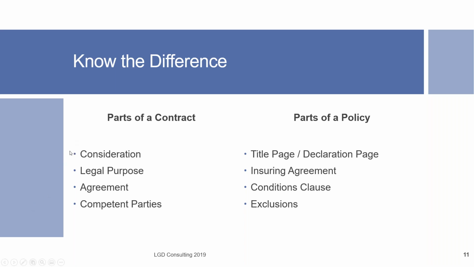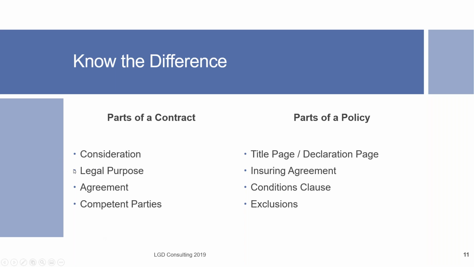And you'll have like consideration, legal purpose, conditions, and competent parties. And you're like, what the? Or no, they'll have legal objectives. All right. So, and you're like, what the legal objectives? I was told it was legal purpose. So that's probably the one that doesn't belong.